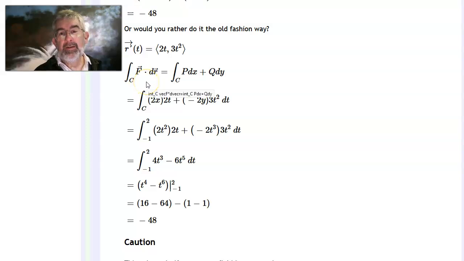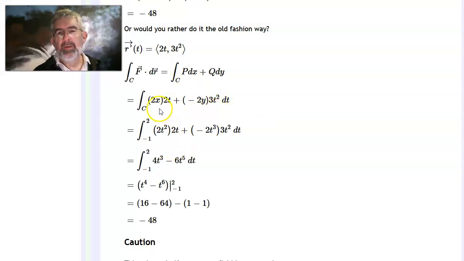Then I'm going to do the vector field integral along the curve as p dx plus q dy. My vector field, capital F, is p comma q, where p was 2x and q was -2y.